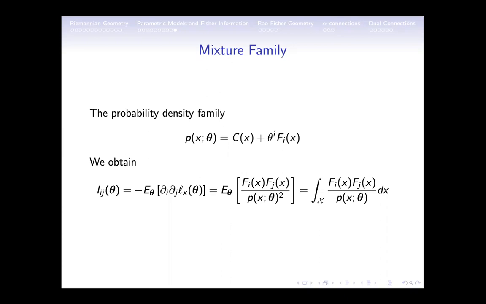By the formulation, we get it to be the integral over the sample space of f_i f_j divided by the distribution function p(x, theta). These formulations will help us calculate, and many of the good distributions we know come from the exponential family, so it will help.